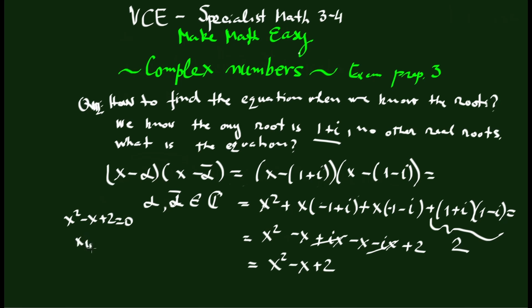So x1,2 is minus b plus minus square root of b squared minus 4ac, divided by 2.